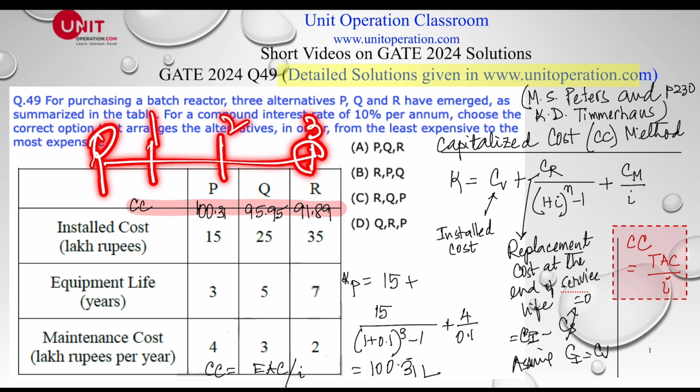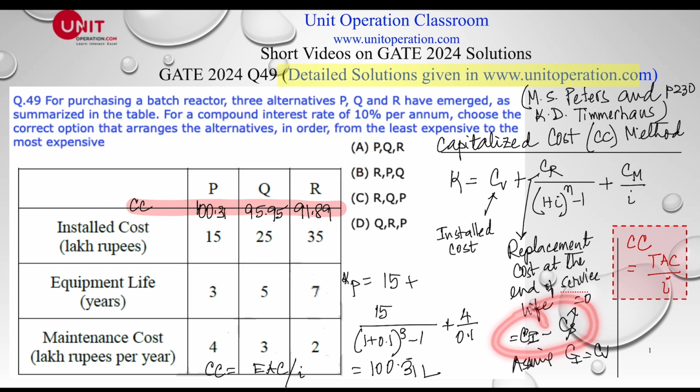It assumes that at the end of the third year, we'll have enough money to pay again 15 lakhs to buy a new one. So this is given as CI minus PS. So this is assuming that the cost after 3 years of this equipment, let's say batch reactor, will be the same as it has been purchased 3 years ago in this particular case. So which would be 15 lakhs, right?